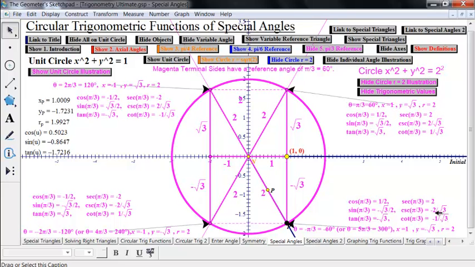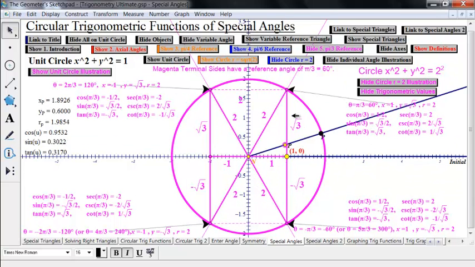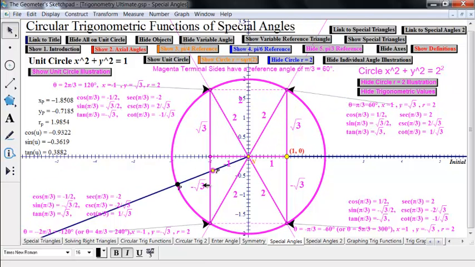And cotangent's its reciprocal. Similarly, if we rotate from horizontal negative 2 pi over 3, or positive 4 pi over 3, that puts us over here at 4 pi over 3.